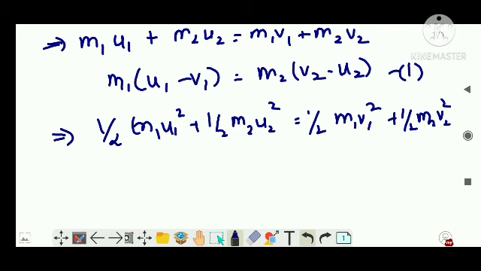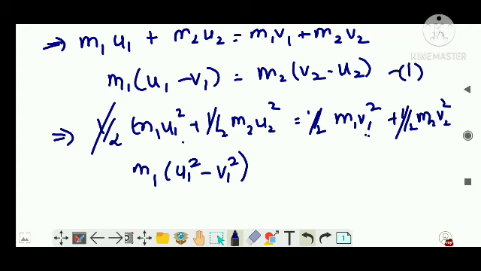So from here, let us remove the 1 by 2 and bring the m1 terms here. So it becomes m1 into u1 square minus v1 square is equal to m2 into v2 squared minus u2 squared, right?